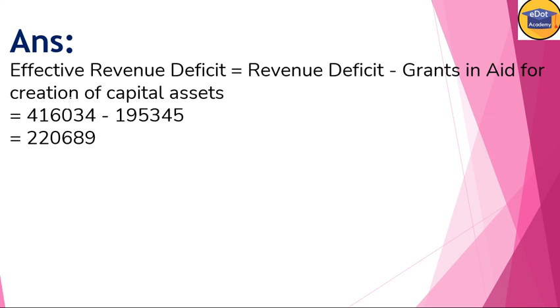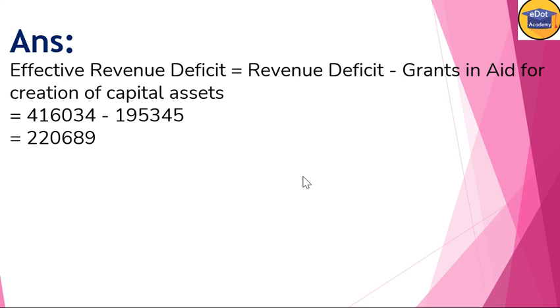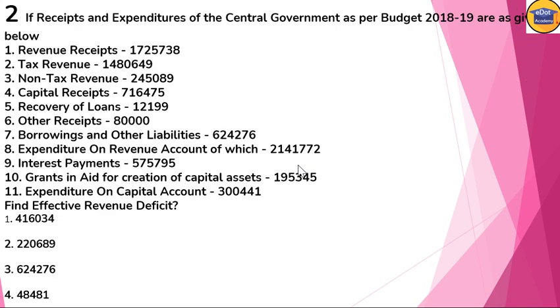So from 4,16,034 you subtract grant in aid for creation of capital asset, that is 1,95,345. This figure you can subtract, so we'll get the answer. We are getting the answer as 2,20,689. So the second option is correct here.